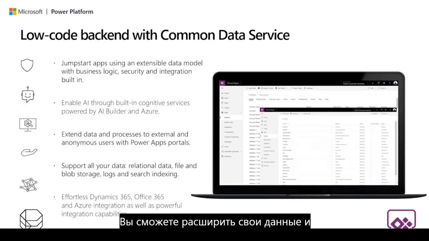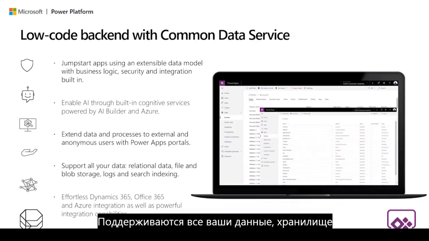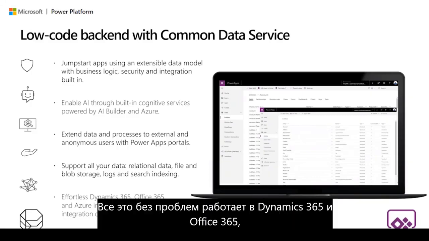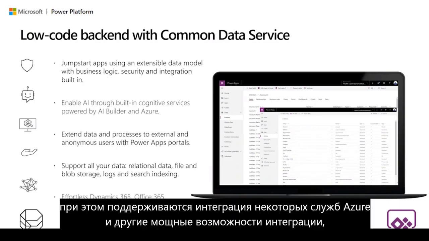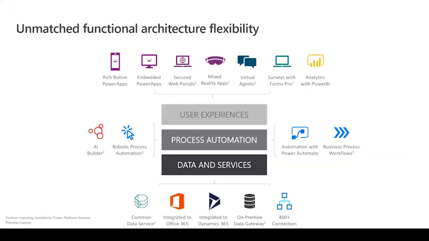It will allow you to extend data and processes to external and anonymous users with Power Apps portals, support all your data, relational data, file and blob storage, log and search indexing, and it works effortlessly in Dynamics 365, Office 365, and it offers some Azure integration as well as powerful integration capabilities like virtual entities, connectors, and APIs.